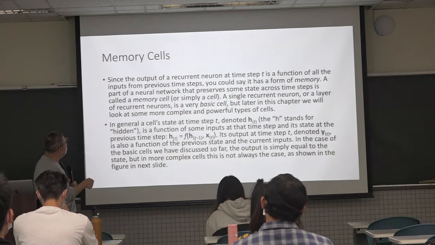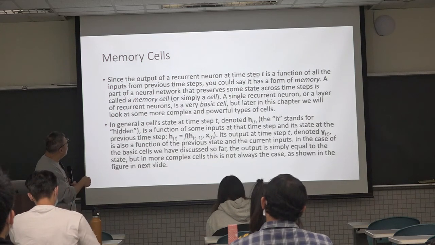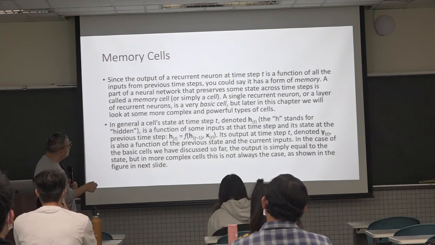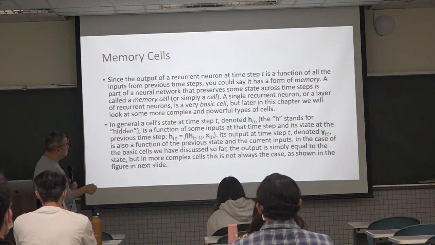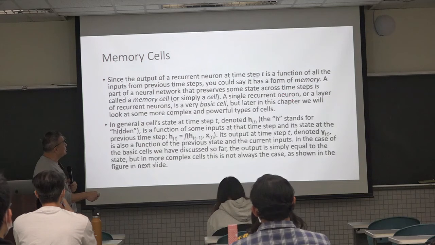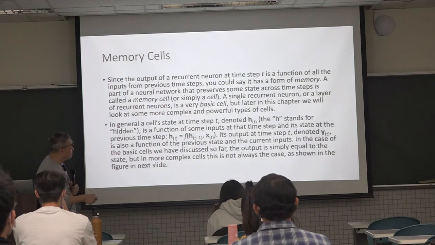So we call this recurrent neuron a memory cell. A single recurrent neuron or a layer of recurrent neurons is a very basic cell. Later in this chapter, we will look at some more complex and powerful types of cells.